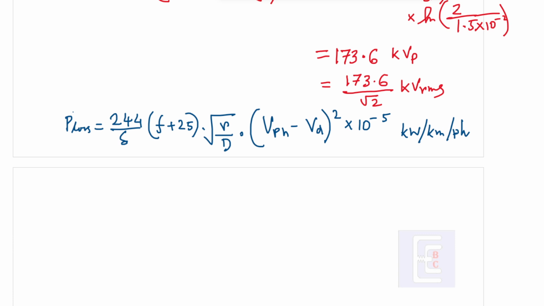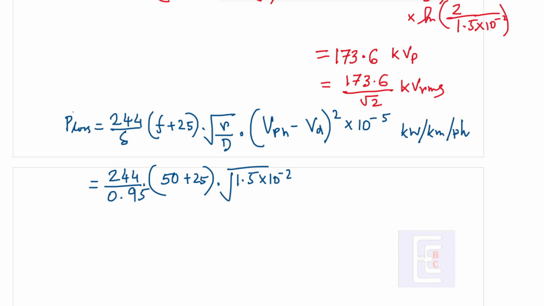So if we put the values, it should be 244 by delta. Delta is 0.95. F plus 25, that means 50 plus 25, multiplied with root under R by D. So R is 1.5, that should be taken into meter, and D is 2 meter.